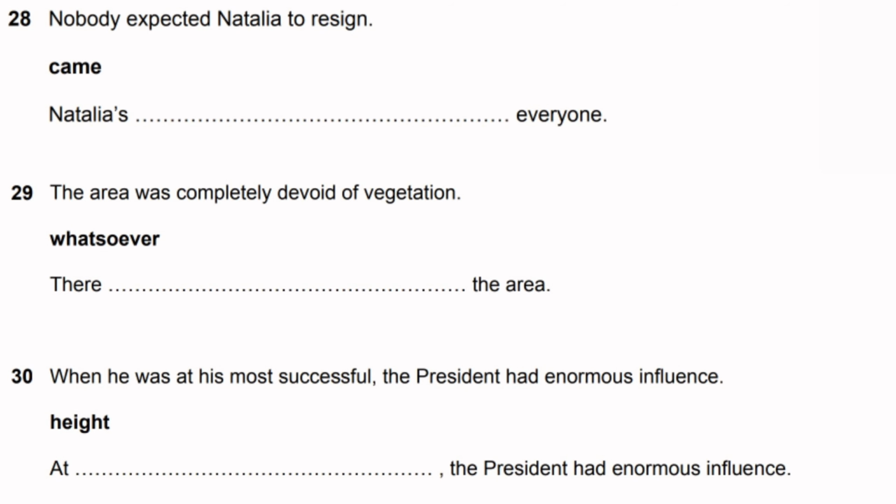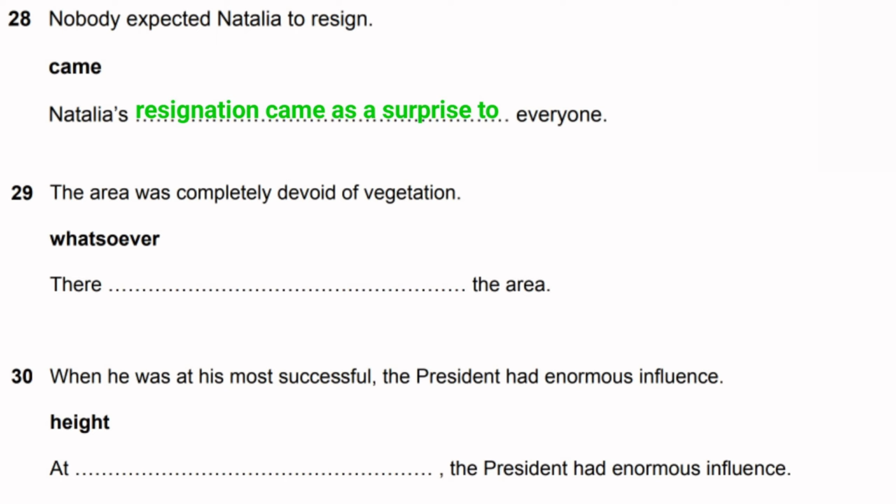Let's have a look at the next three. Okay, so again, if you want to pause the video here, that's a good idea, I think. If not, I'm going to move on. So, number 28. Nobody expected Natalia to resign. Natalia's resignation came as a surprise to everyone.